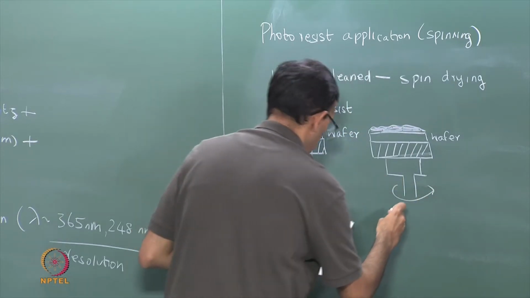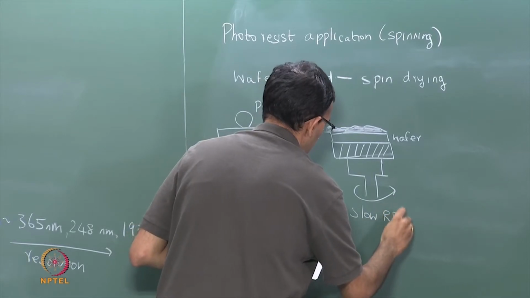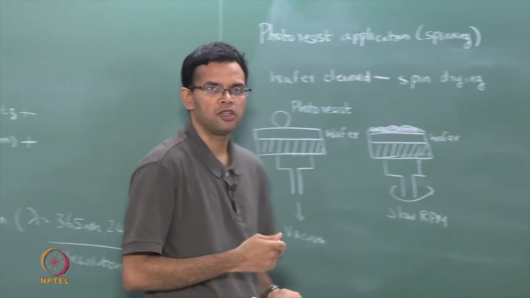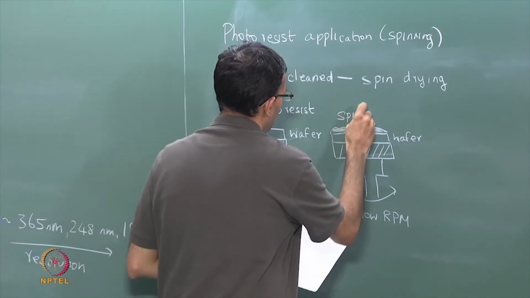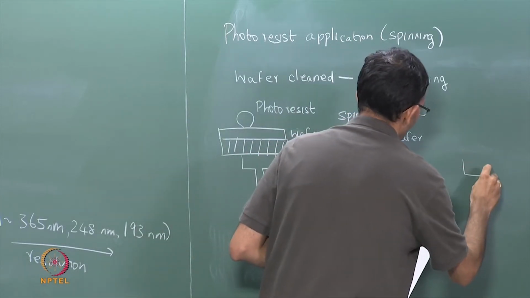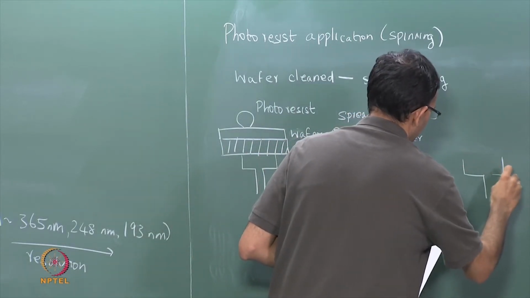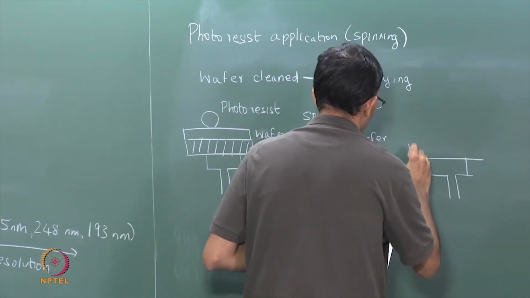So the wafer is rotated slowly so that the photoresist spreads onto the surface, but it is still not a uniform layer. After some time, usually a few tens of seconds, the wafer is spun at high RPM.